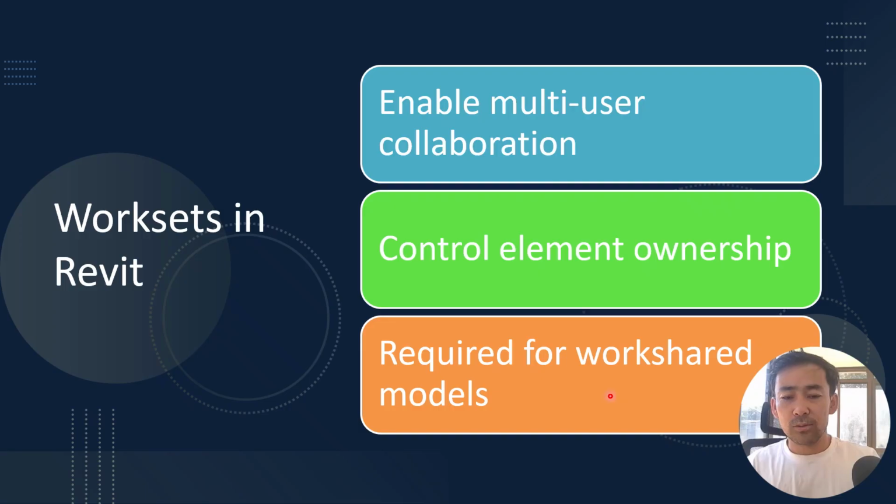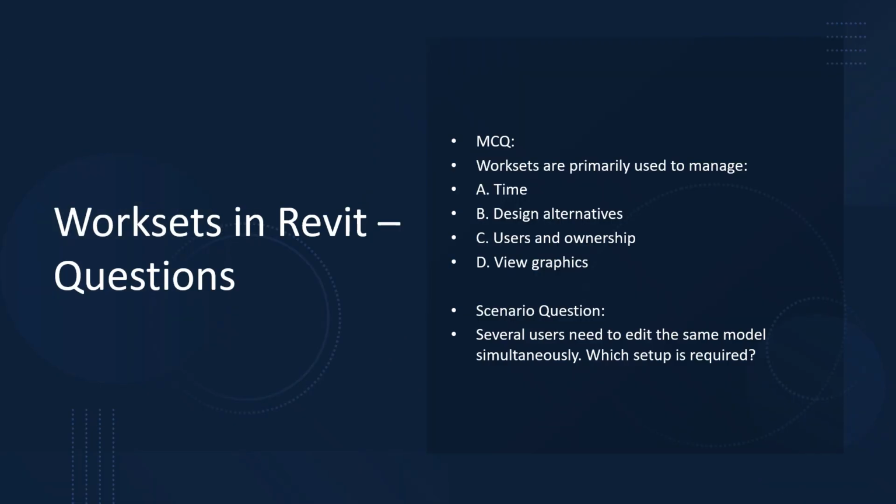It is also required for workshared models. So if you want to share your model with others, if you want to work online, it is a very powerful tool to collaborate and communicate our design.